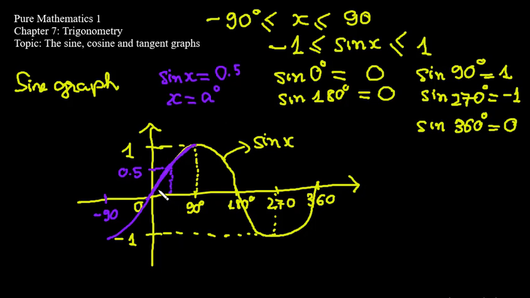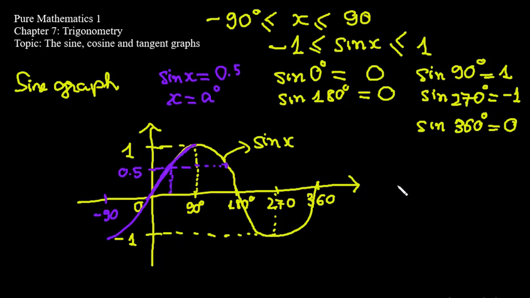Actually, we cannot draw a really precise sine graph, so you should use a calculator to find the exact number. We just have an idea that when sine of x equals 0.5, the angle will be this one. Let's say if you have sine of x equal to 0.52, you have another value, which will be this one.